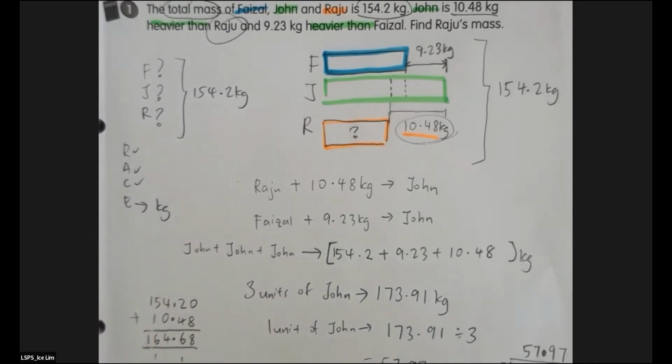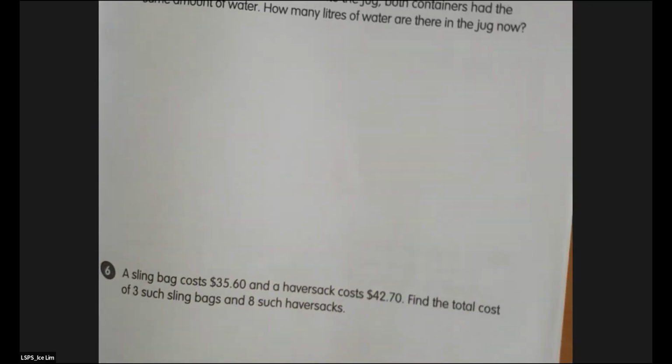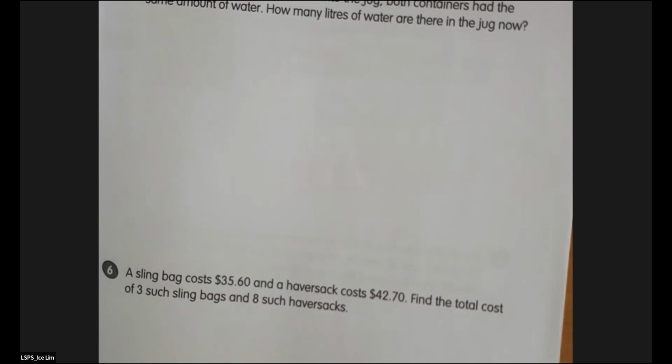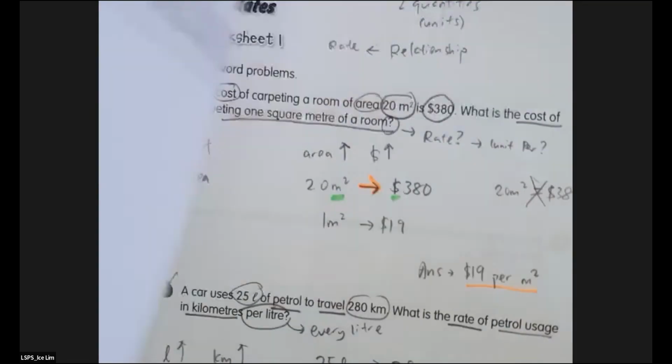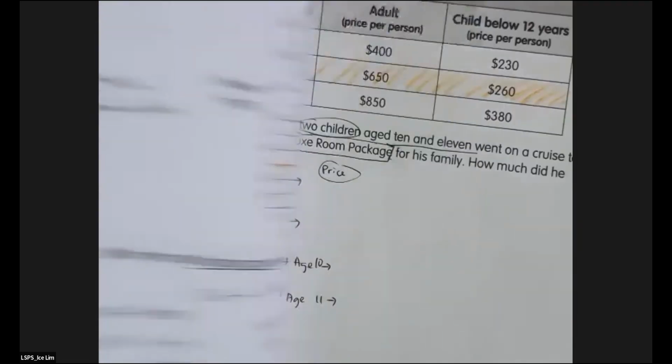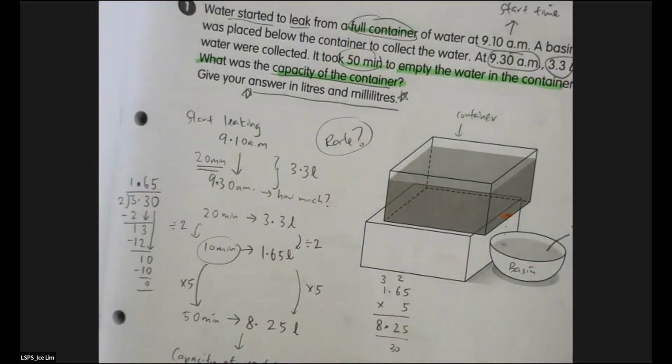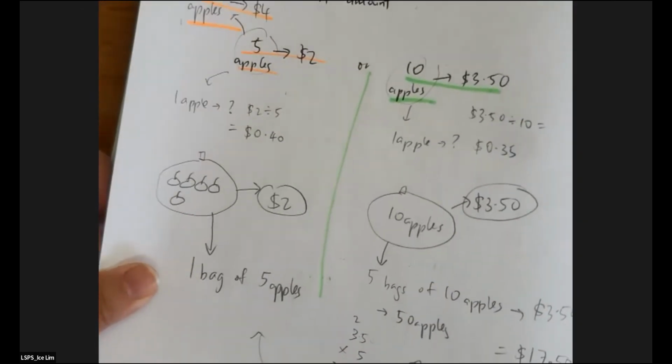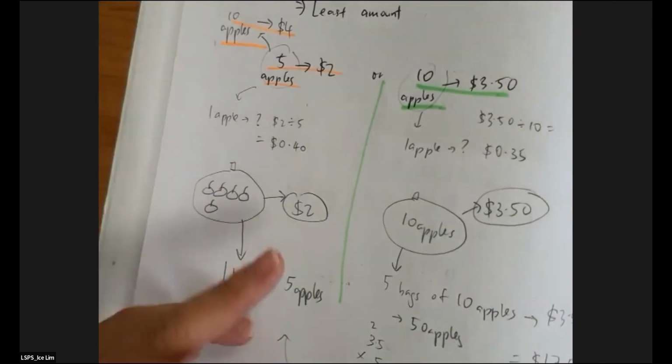Then there was this part on converting and finding the containers, as well as rates, when we did it that day, talking about using the different rates and costs, and what is the cheaper way.